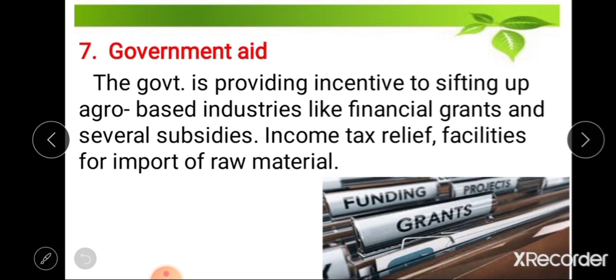Okay, so these are the 7 steps which are essential in the establishment of agro-based industry.